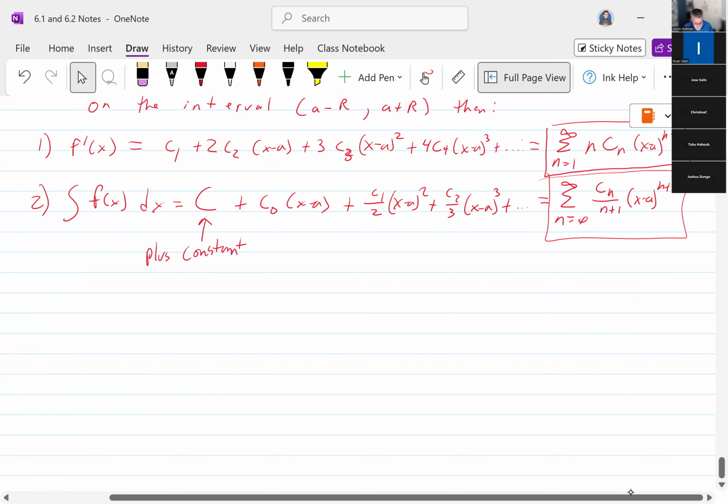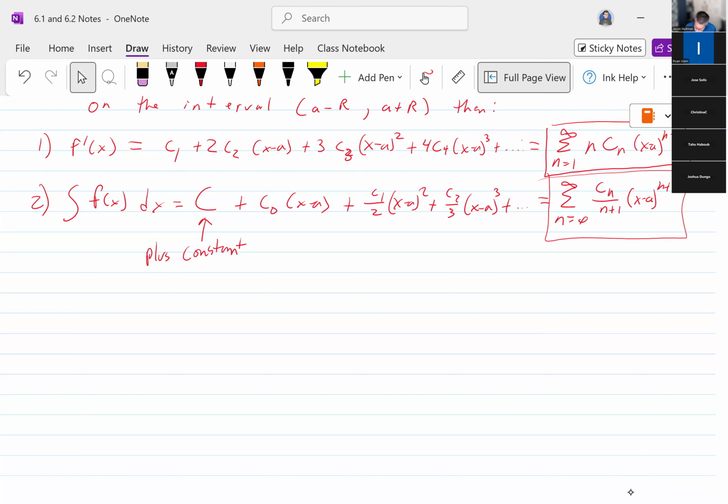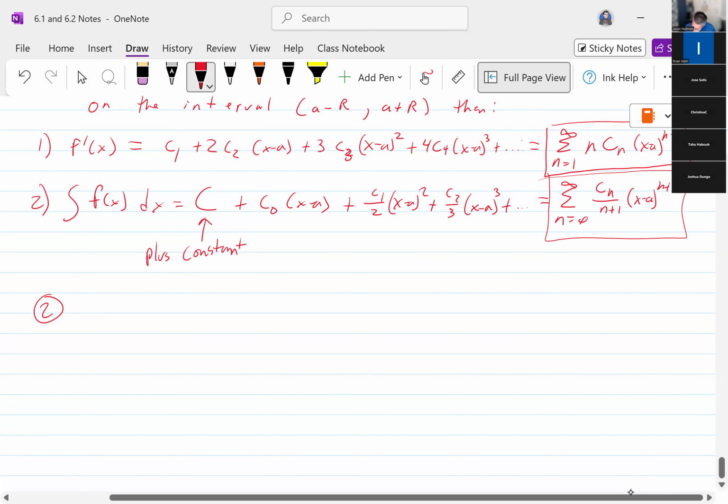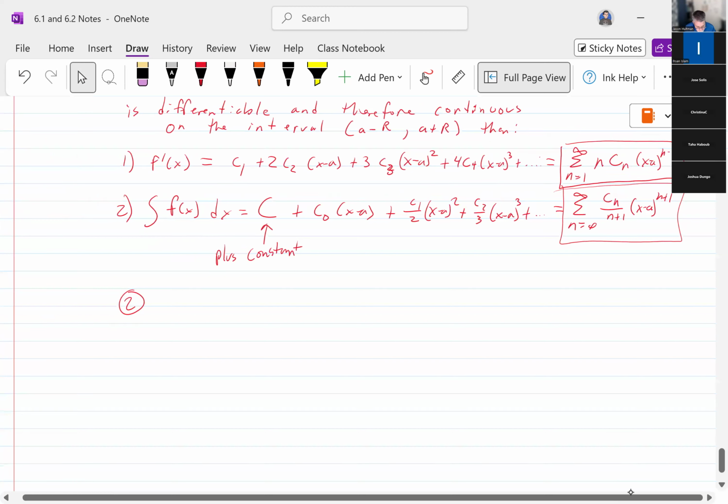Okay, let's do an example. Number 2. Find the power series. Express 1 over 1 minus x squared as a power series.